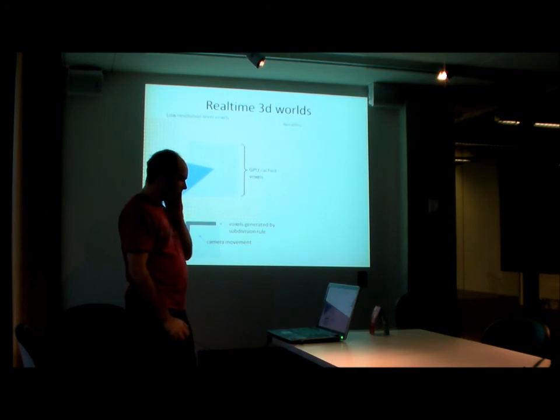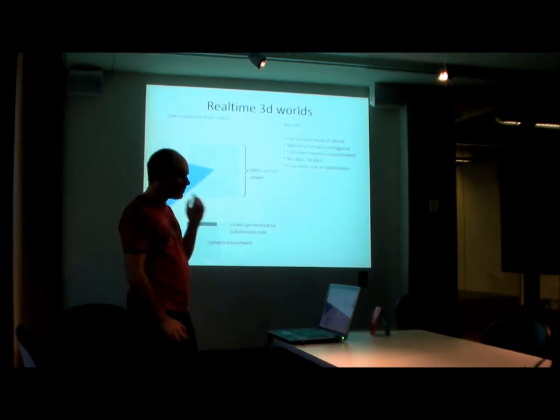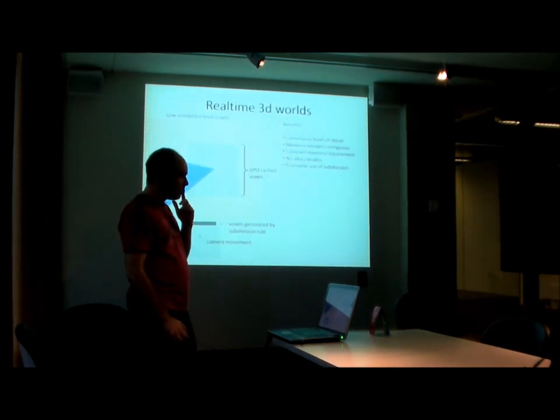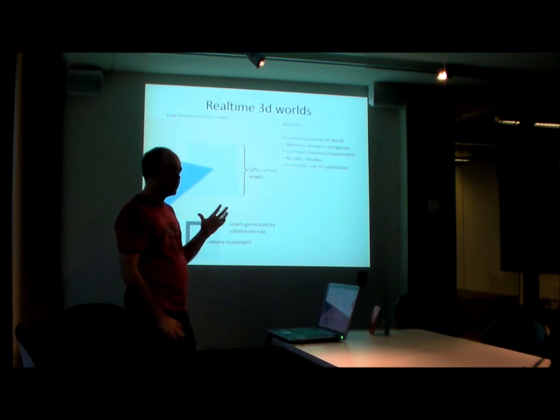So finally, to summarise, some of the benefits of this idea: you get continuous level of detail, the memory in GPU is always contiguous, and there's always a constant memory requirement. That saves you so much hassle compared to other level of detail systems.